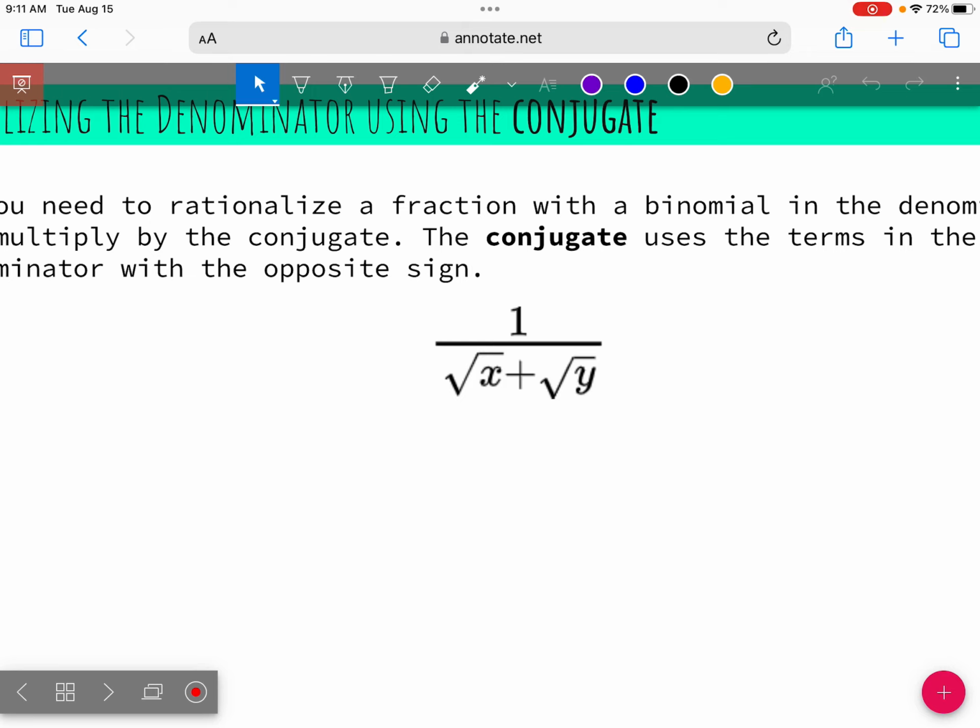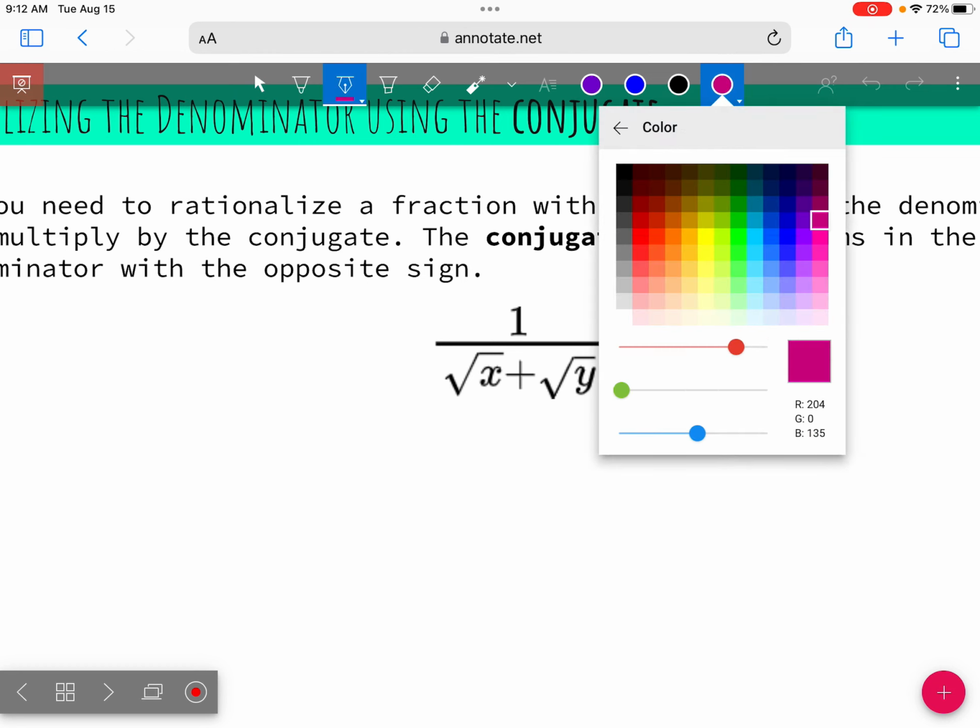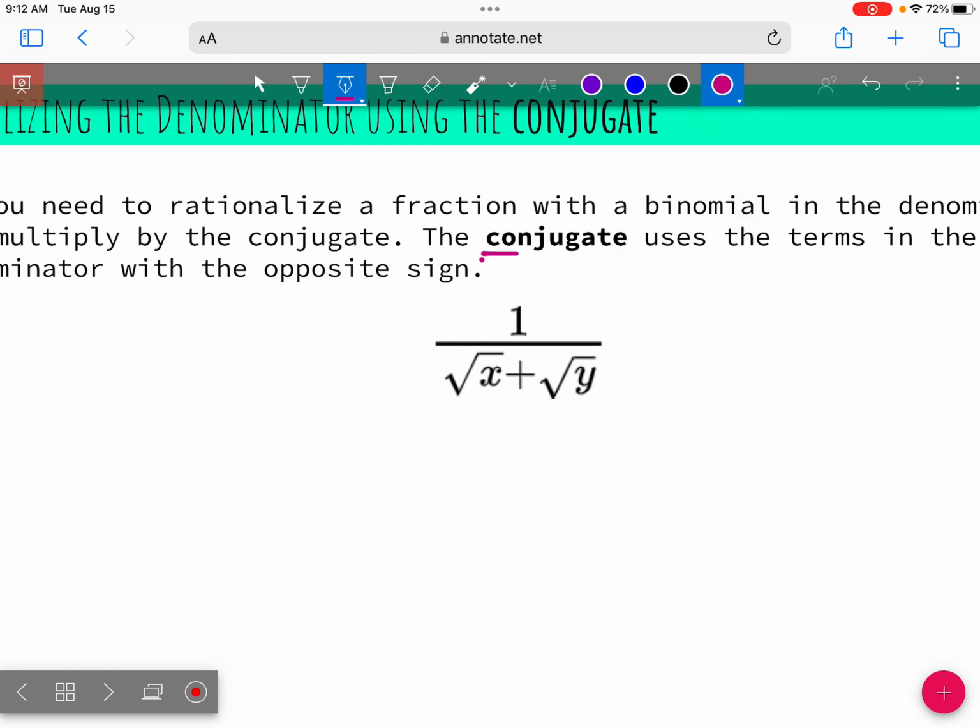So rationalizing a fraction with a binomial in the denominator. It's a lot of multisyllabic words. To get rid of roots when there's plussing and minusing, if you want smaller words, we're going to multiply by the conjugate. Conjugate is going to be a word we're using a bunch. If you get one word off of this page, it's going to be conjugate.